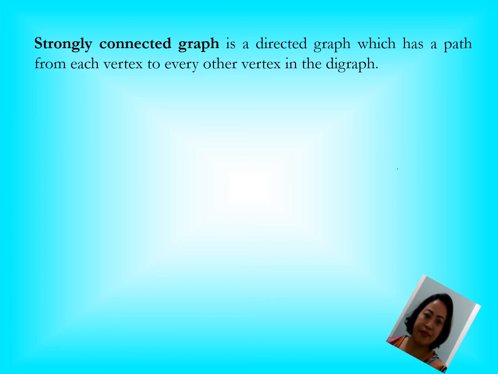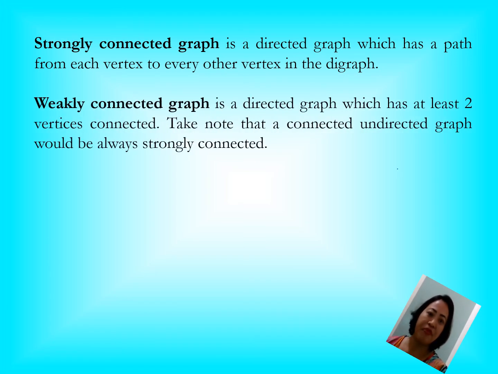Next, when we say strongly connected graph, okay, it is a directed graph or digraph, which has a path from each vertex to every other vertex in the digraph. Okay.